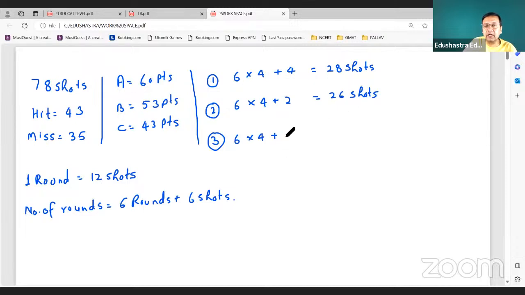And the third person will get 0. So this is 24 shots. Done. So out of A, B, C, whoever is the first, second or third, as of now we do not know. But the first person will fire 28 shots, the second person will fire a total of 26 shots, and the third person will fire a total of 24 shots. Right? Done? Any confusion, any doubt till now?